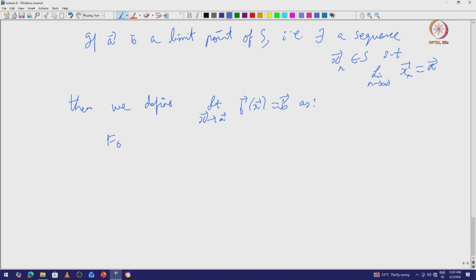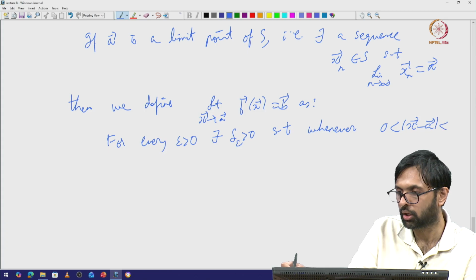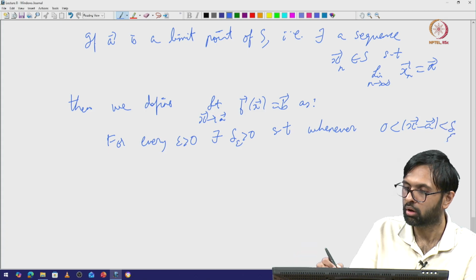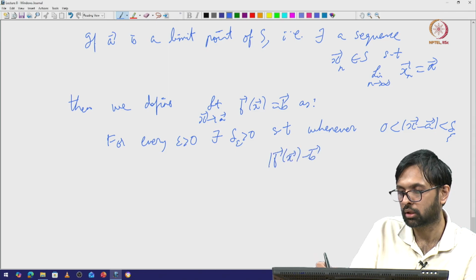For every epsilon greater than 0, there exists a delta greater than 0 which depends on epsilon such that whenever x is very close to A but it need not be exactly equal to A, f of x is epsilon close to B.